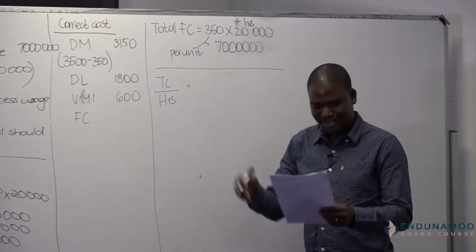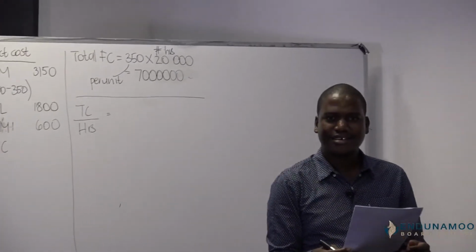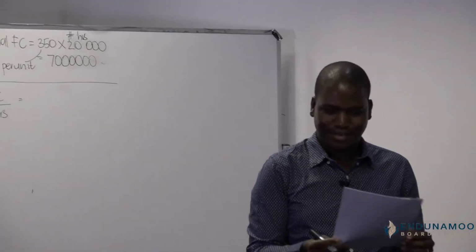That's what they say. The fixed manufacturing cost of 350 is based on actual total fixed manufacturing cost divided by actual labor hours, which is that formula then.